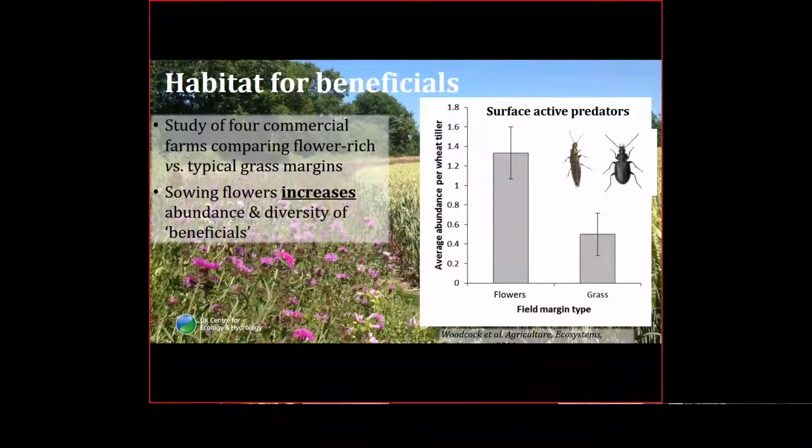In this case, I'm showing surface active predators. So sowing flowers confirms, but it's not just generalist pest control. There's more specific pest control. Sowing flowers, you get more beneficials.